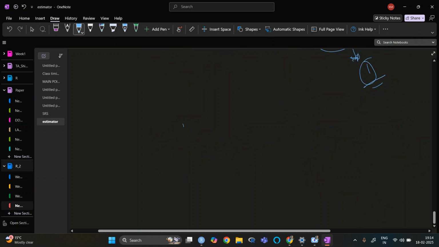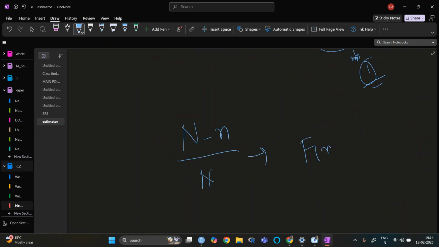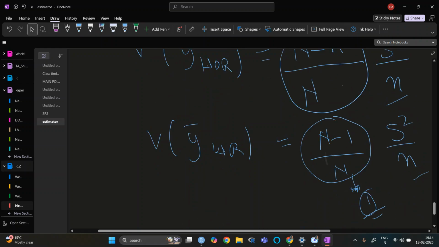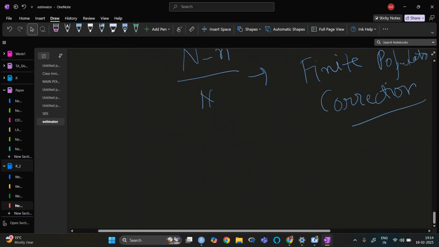So (N minus n) divided by N is said to be the finite population correction.